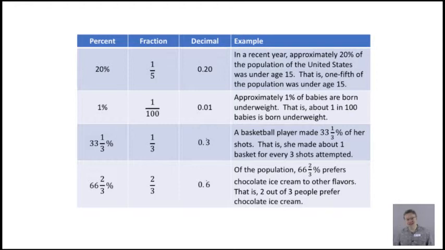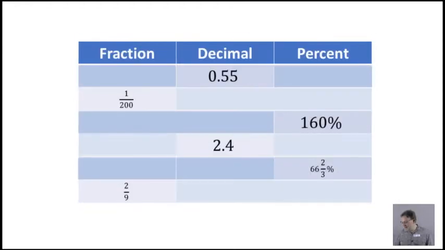So let's take a moment to fill in this particular chart here, in which I give you one of the forms, either a fraction or a decimal, both of which are not a percent, and then on the right-hand side, we're talking in terms of a percent.